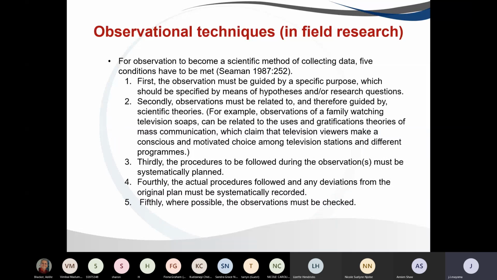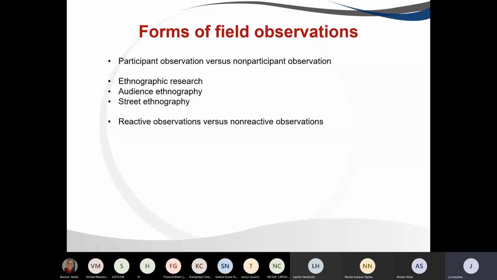All right, and then we've got different types of field research. The first, and the most popular ones, being participant observation and non-participant observation.